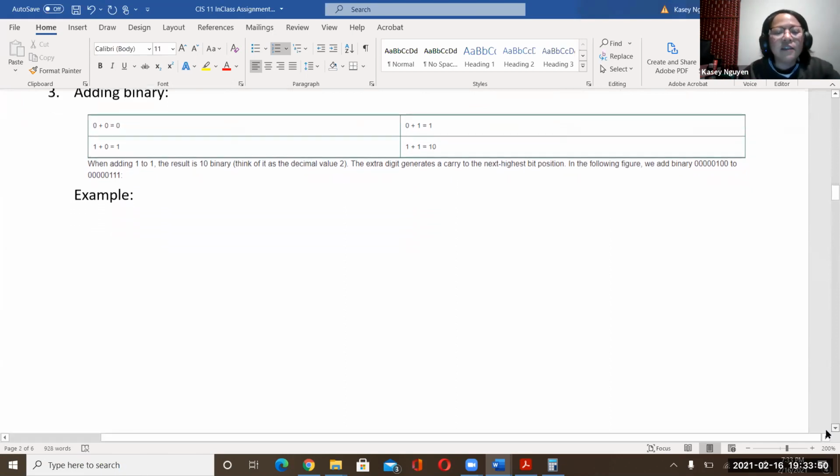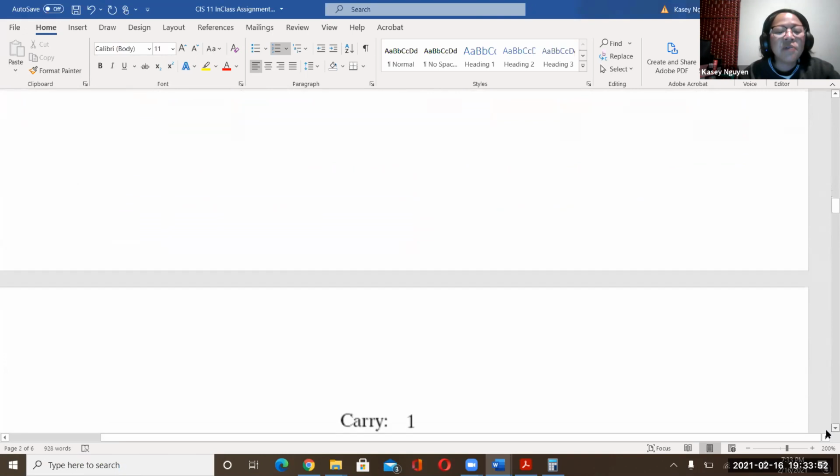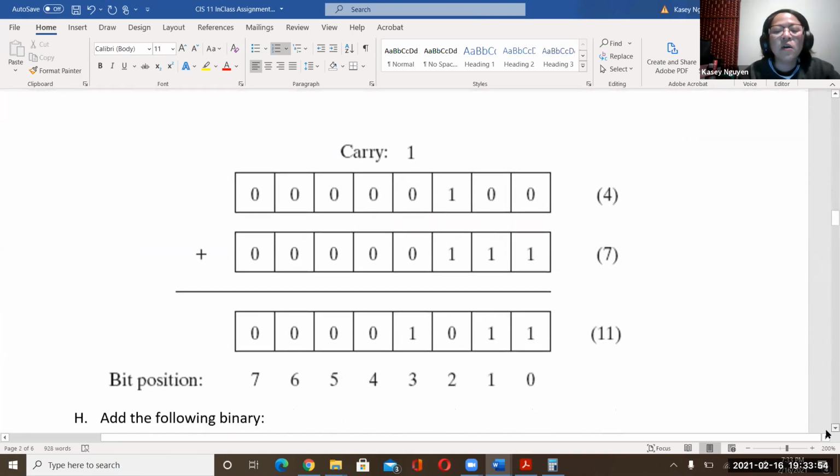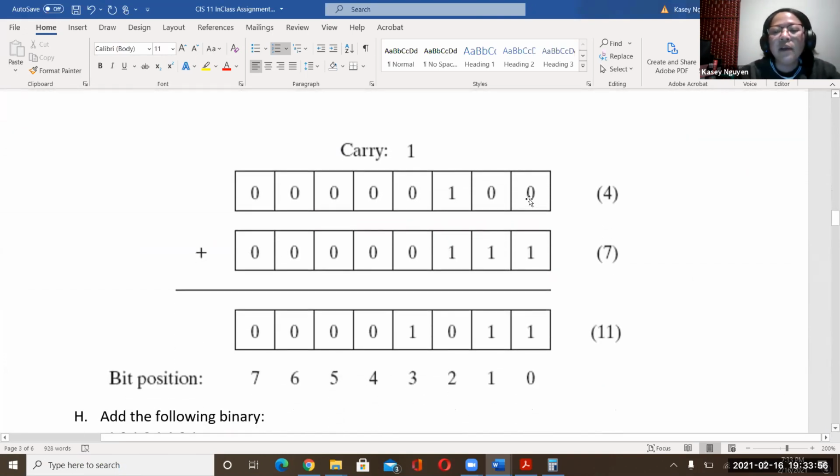So it's a 0 with a carry of 1. In this example, we have 0 plus 1, which gives you a 1. 0 plus 1 also gives you a 1. A 1 with a 1 is a 0 with a carry.